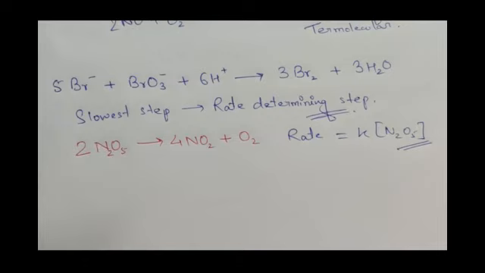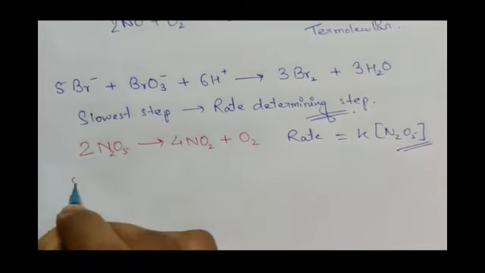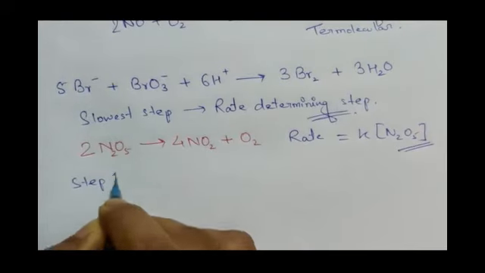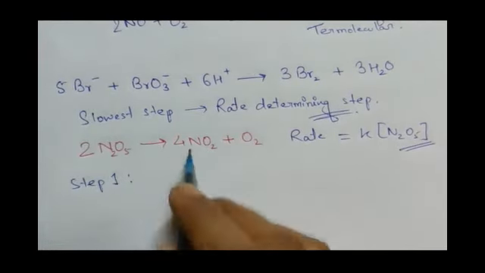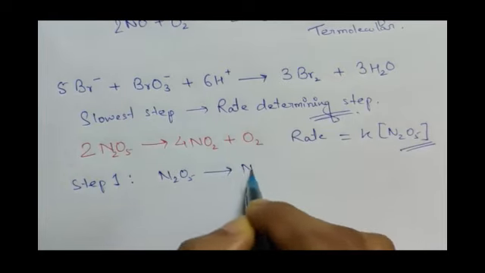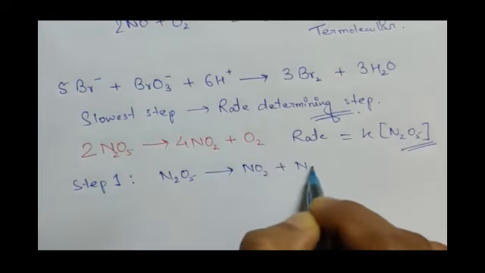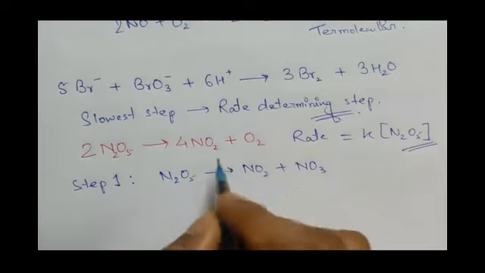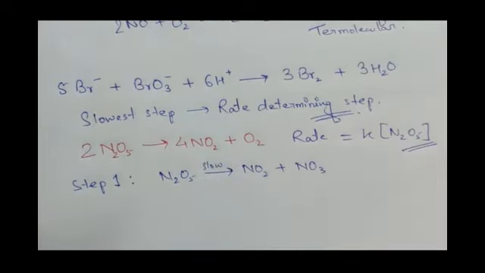Okay, so this reaction can be written in 2 steps. So the different steps of the reaction mechanism are, for step 1, first N2O5 forms NO2 and NO3. Okay, this is the slow step. This reaction takes place at a slow rate.